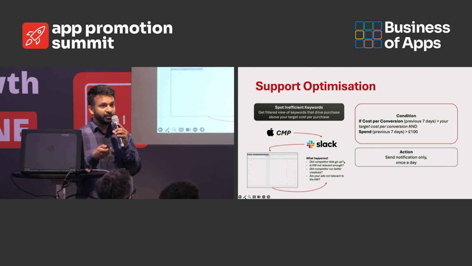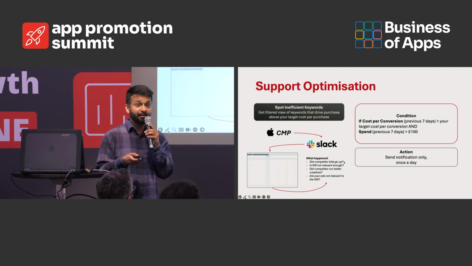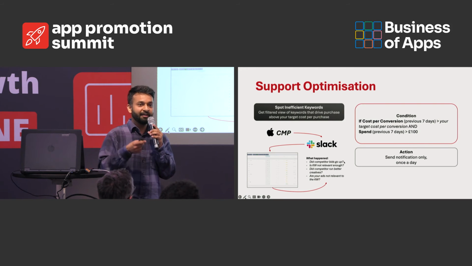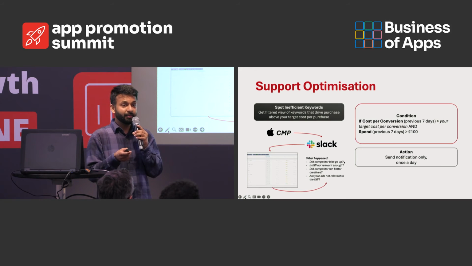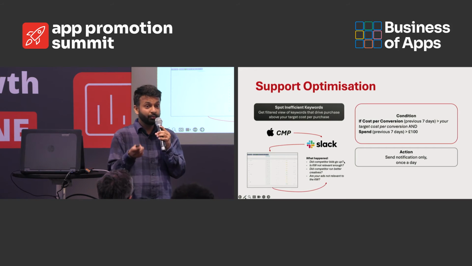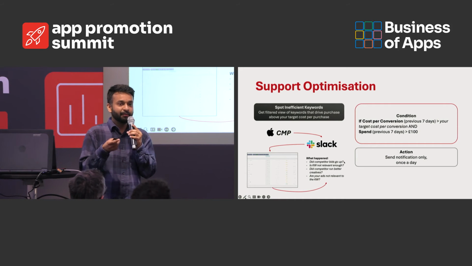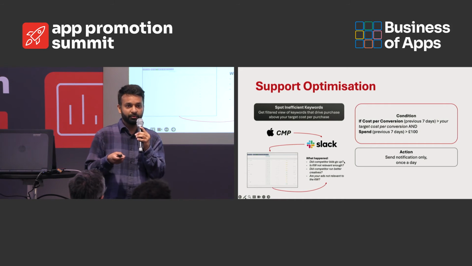If you notice that your competitors are running better creatives, if they are, for example, running a CPP that has made the auction very expensive, and now it's very expensive for you to acquire users on that keyword because your competitor is running a discount promotion, then you need to understand whether or not it makes sense for you to counter that with a promotion.